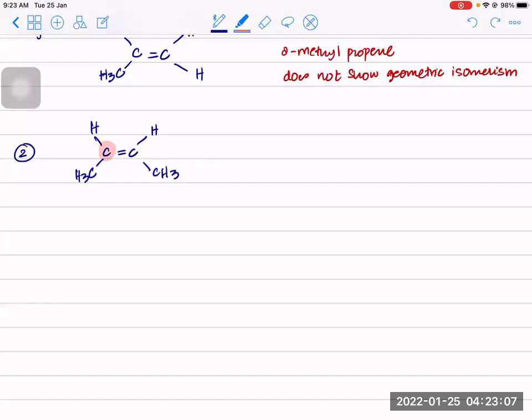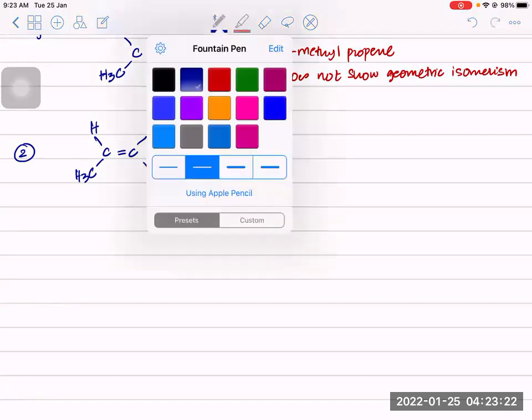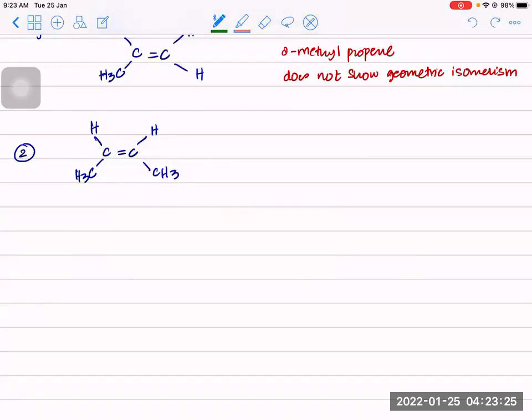Let's look at the other carbon. The other carbon has an H and CH3. Are they both different? Yes. So since both the atoms or the groups of atoms attached on each carbon are different, this can show cis-trans isomerism. Yes. And now, which isomer is this? Is this the cis or the trans? This will be the cis isomer because similar atoms are on the same side of the molecule.